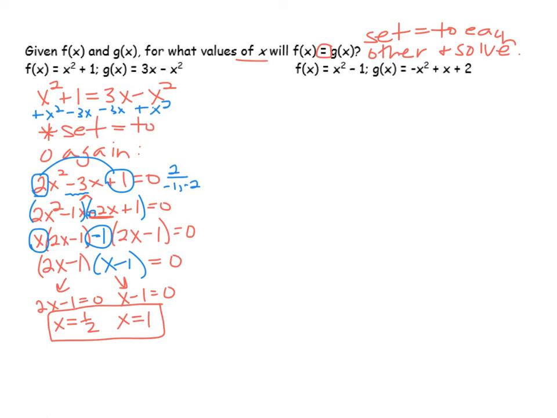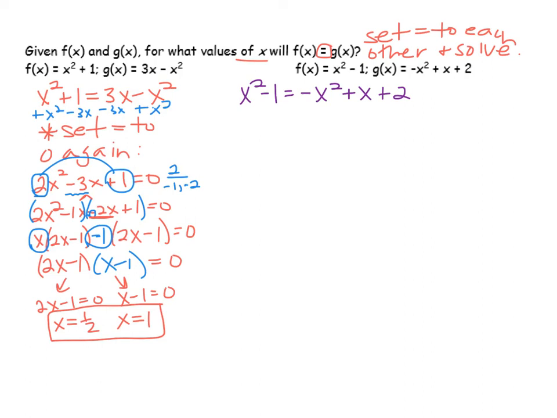Now f of x equals x squared minus 1, and g of x equals negative x squared plus 1x plus 2. If we start off setting them equal to each other, we would get x squared minus 1 equals negative x squared plus x plus 2. Because it's quadratic, again, like the last example, set everything equal to 0.